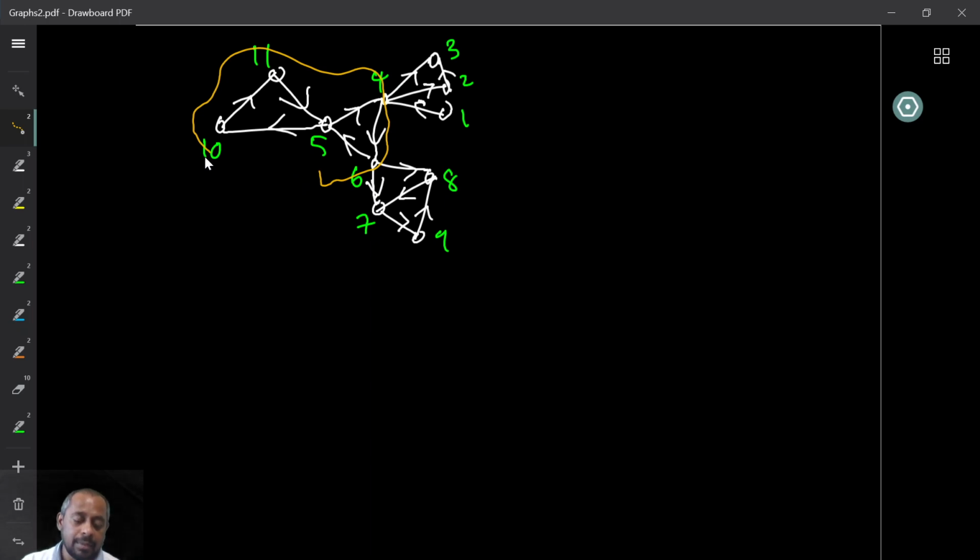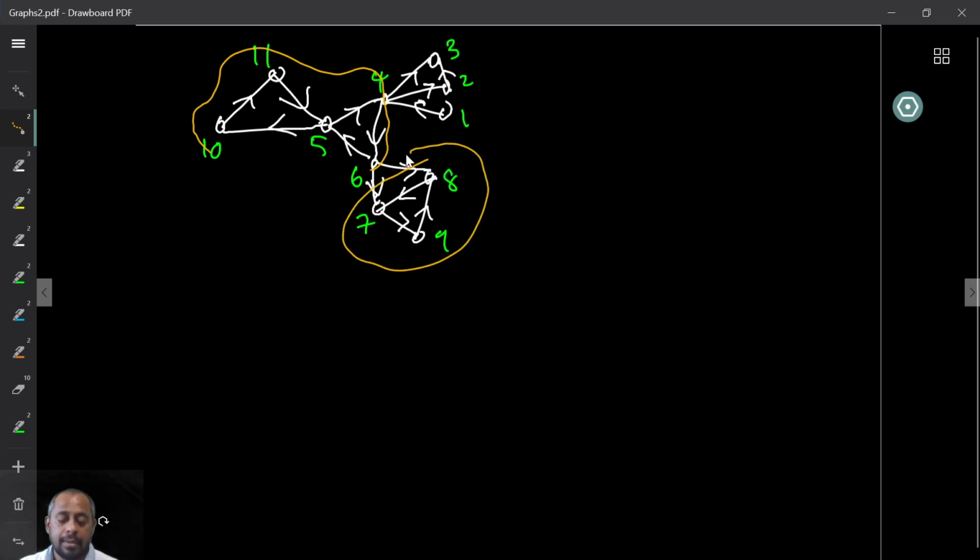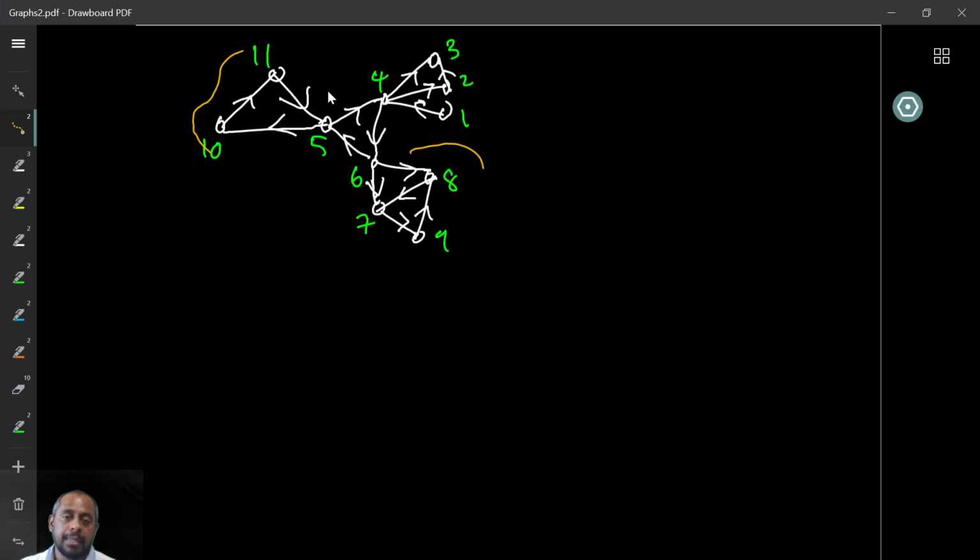And then what are the other components? Other components, for example, this 7, 8, 9, this is another component. Right? 7, 8, 9, you can verify that it is strongly connected, and it is not part of this large component, so this is a separate part.